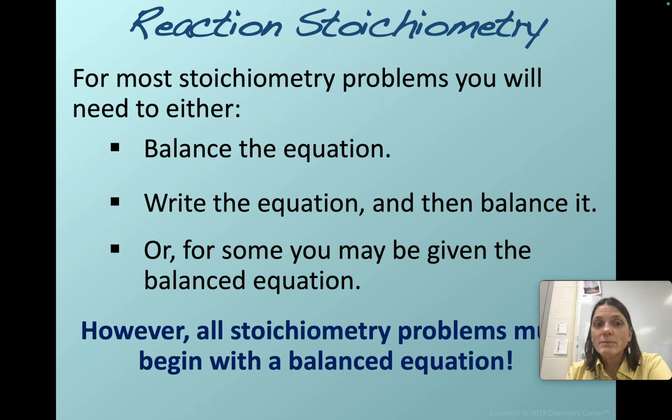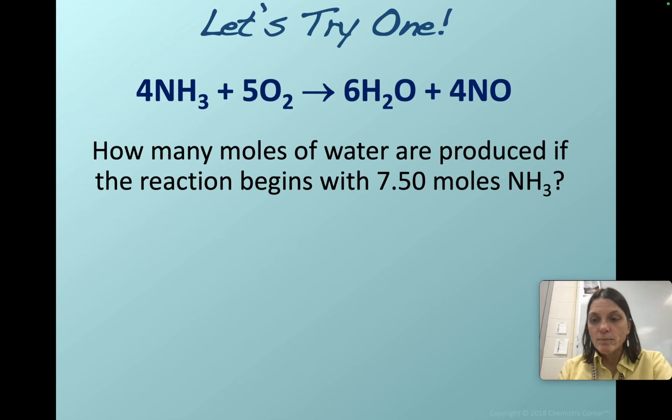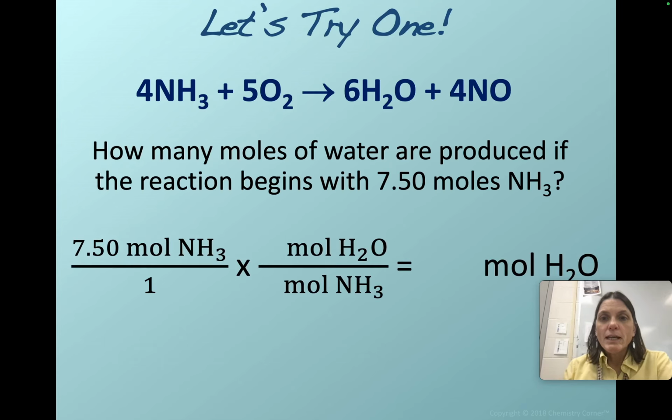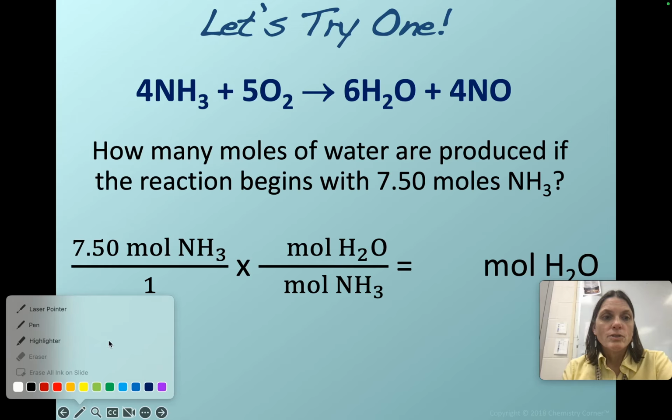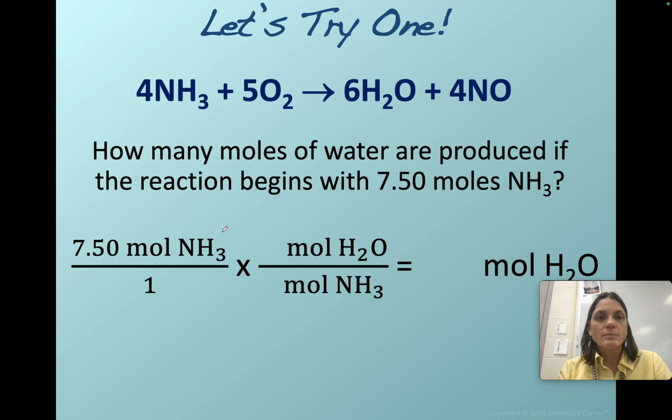So just like we did before, I want you to set up your train tracks. We're going to have one conversion factor. It's going to be our mole ratio. Okay, so our train tracks, we always start with our starting number right here. This is the number that's given in the problem. Okay, and then we're going to set up our mole ratio.